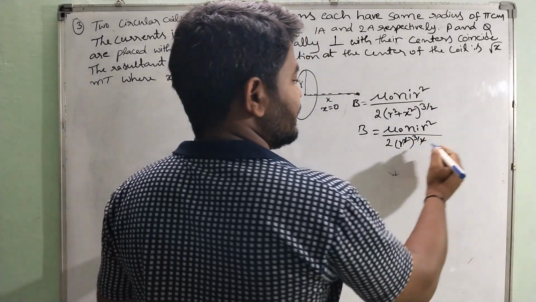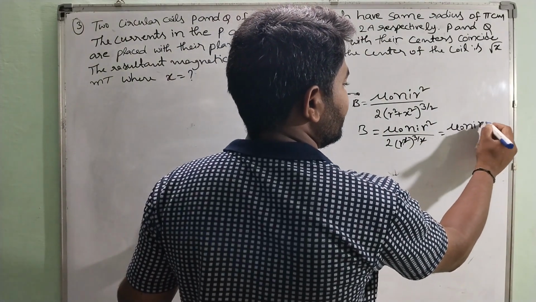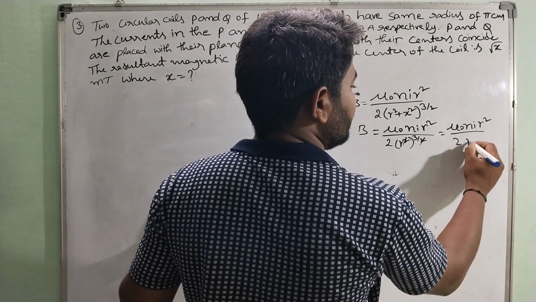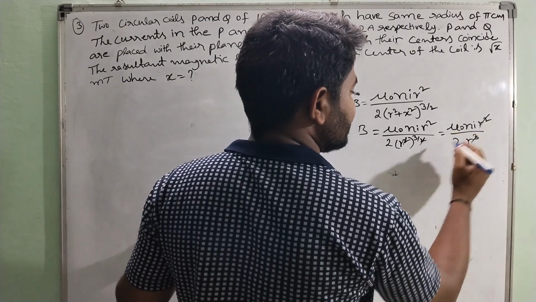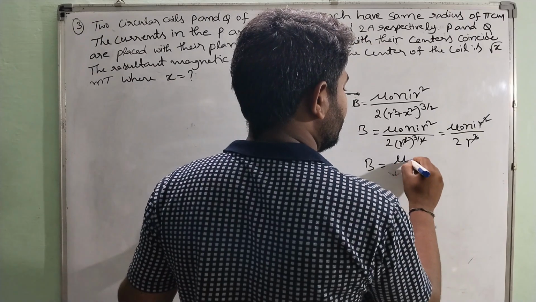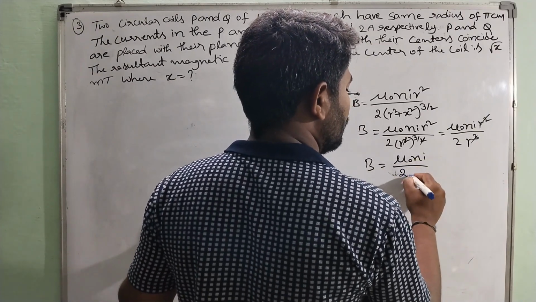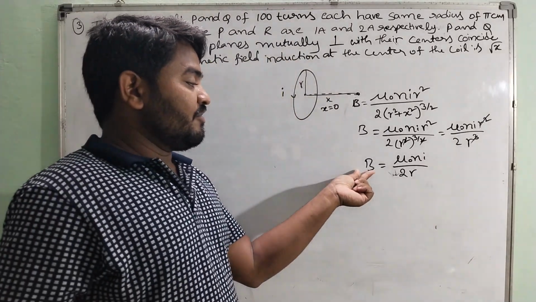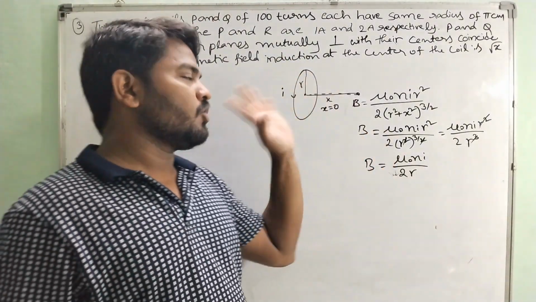Square cancels, so you can write mu naught N I r square by 2 r cube. Square and cube get cancelled, and B will be mu naught N I by 2r. This is the formula for finding the magnetic field strength at the center of the coil.